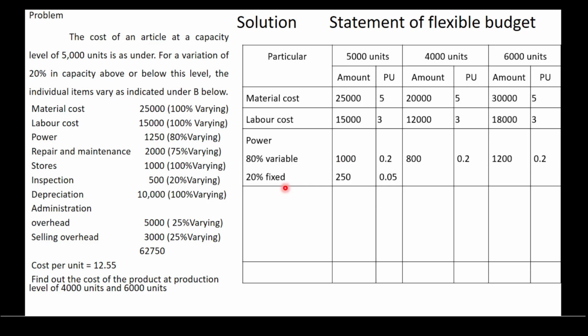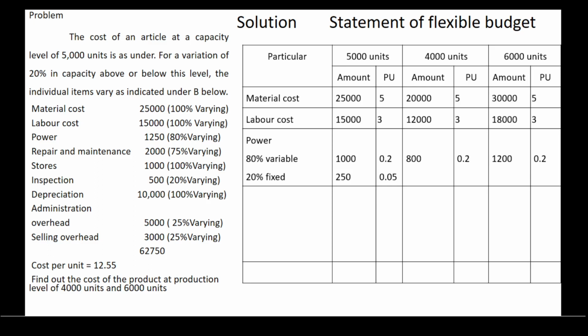But in the fixed cost, the amount is constant and the cost per unit changes. ವೇರಿಯಬಲ್ ಅಲ್ಲಿ ಆದ್ರೆ ಕಾಸ್ಟ್ ಪರ್ ಯೂನಿಟ್ ಕಾನ್ಸ್ಟೆಂಟ್ ಆಗಿರುತ್ತೆ, ಅಮೌಂಟ್ ಚೇಂಜಸ್ ಆಗುತ್ತೆ. ಆದರೆ ಫಿಕ್ಸ್ಡ್ ಅಲ್ಲಿ ಹಾಗಲ್ಲ, ಅಮೌಂಟ್ ಕಾನ್ಸ್ಟೆಂಟ್ ಆಗಿರುತ್ತೆ, ಕಾಸ್ಟ್ ಪರ್ ಯೂನಿಟ್ ಚೇಂಜಸ್ ಆಗ್ತಾ ಇರುತ್ತೆ.